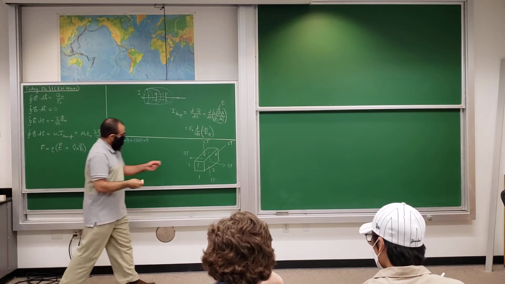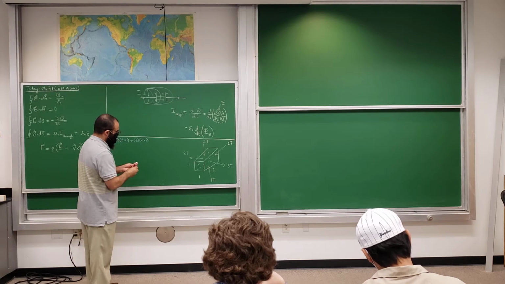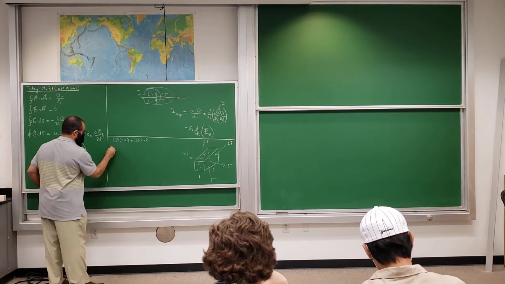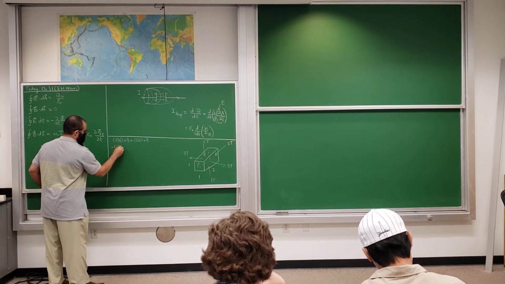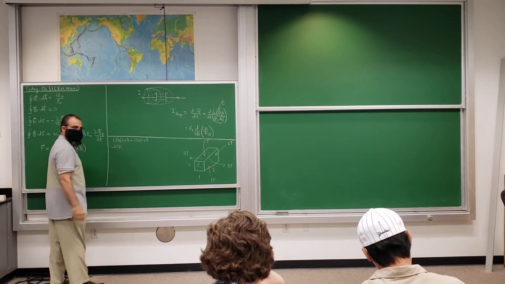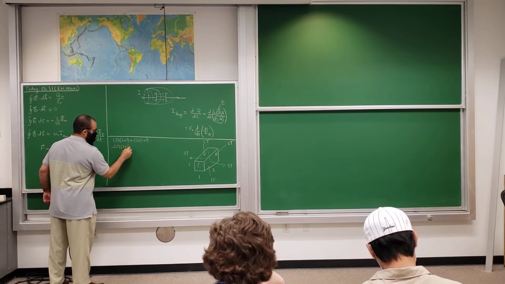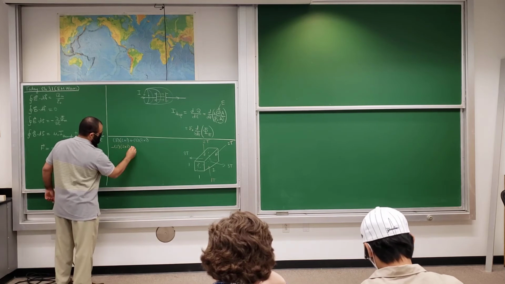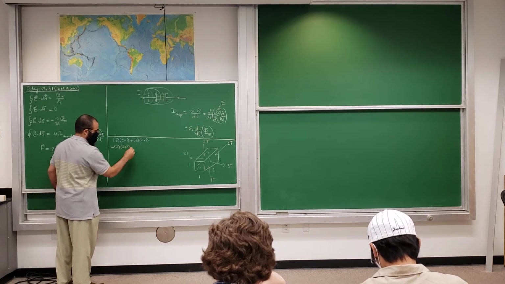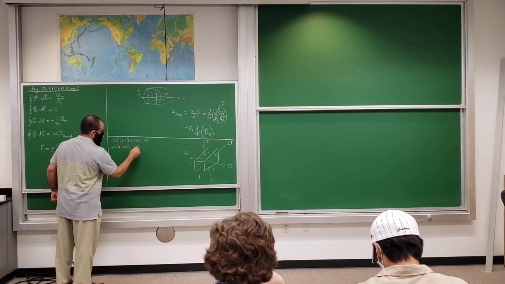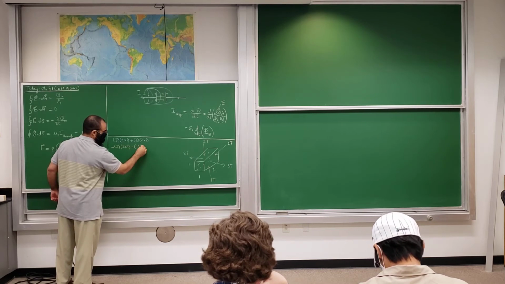Let's go to the orange ones. You got 2 Tesla entering, so I'm going to count it as negative, and the area it goes through is also 2 by 1. You got 1 Tesla entering from the bottom, so it's negative 1 Tesla, and the area is 2 by 1 also.